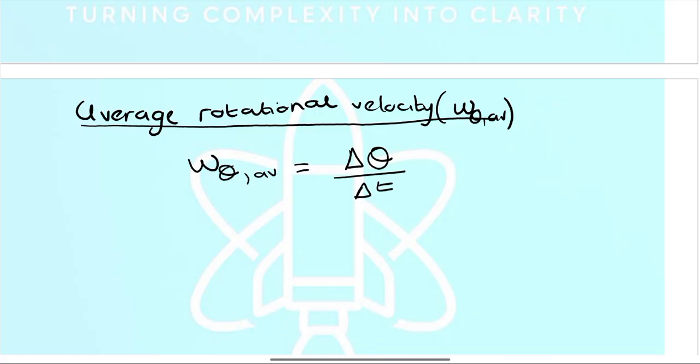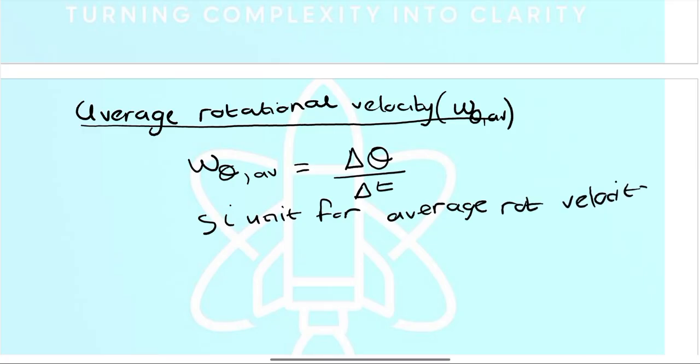So the SI unit for this average rotational velocity is s to the power of negative 1. This is the SI unit that we're using.